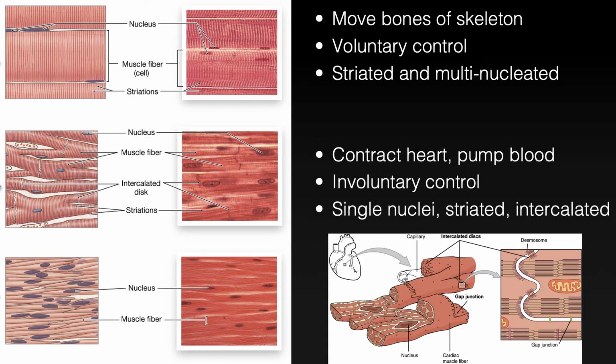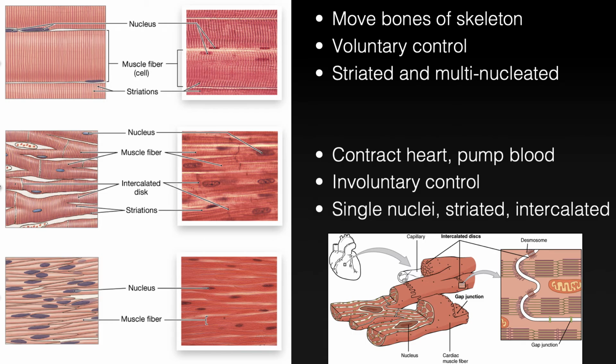The intercalated disc is simply a point that connects two heart muscle cells that contains gap junctions. It's the name of the type of connection between two cardiac muscle cells. An intercalated disc connects two heart muscle cells together, and it allows those cells to communicate.